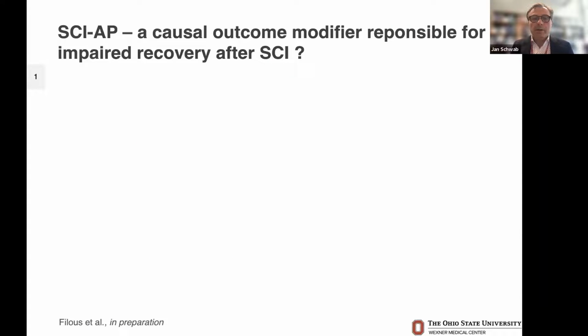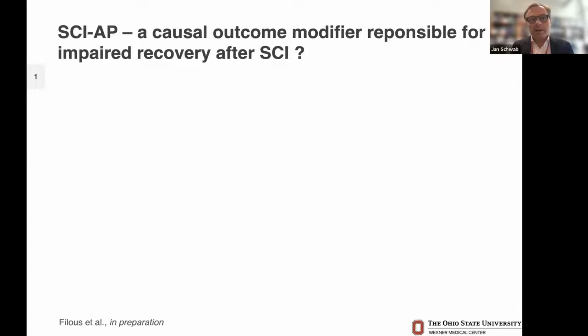To learn more about that, we reapplied this experimental model already introduced to you earlier, where we superimpose animals with spinal cord injury to controlled pneumonia. And it should also be said that the clinical data I showed you, even though they are large, multi-center data sets, can only provide us with odds ratios, basically likelihoods of impaired recovery.